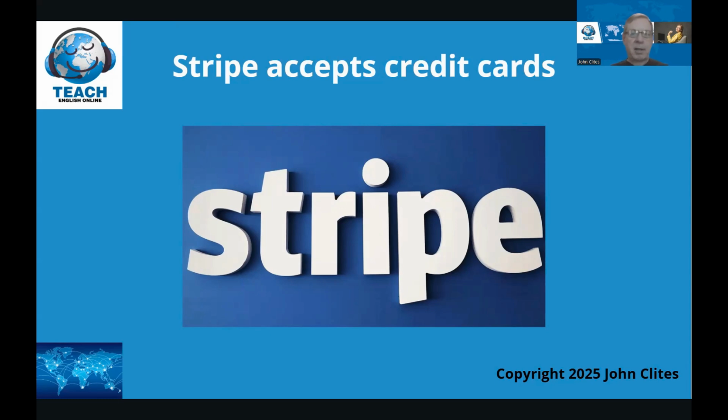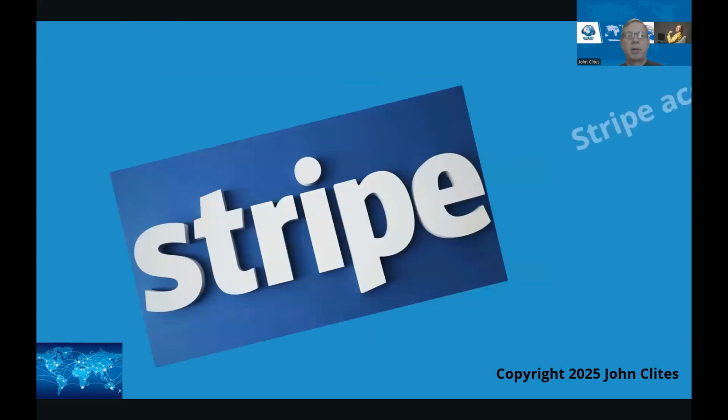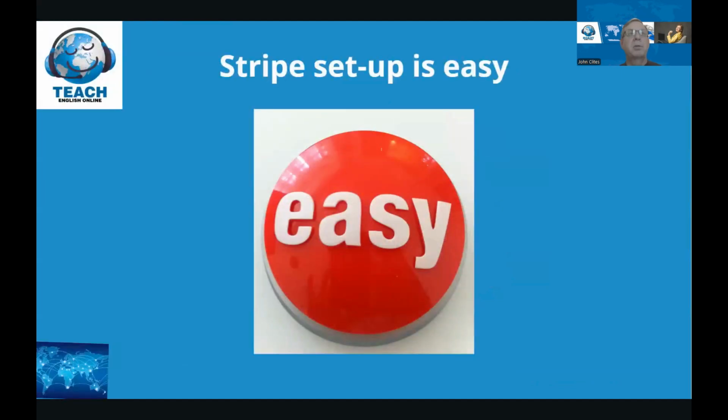You had to have good credit and the fees were high, and it just made it out of reach for individuals like us. But with Stripe, it's quite easy to accept payments by credit card from students, and some students really like that. So it's very easy. Again, it's easy to sign up with Stripe, and you don't have to put money in or anything.